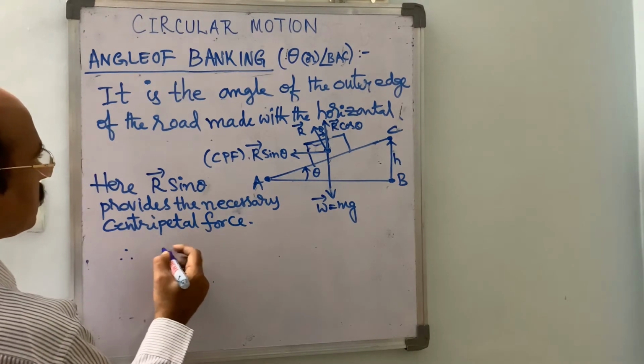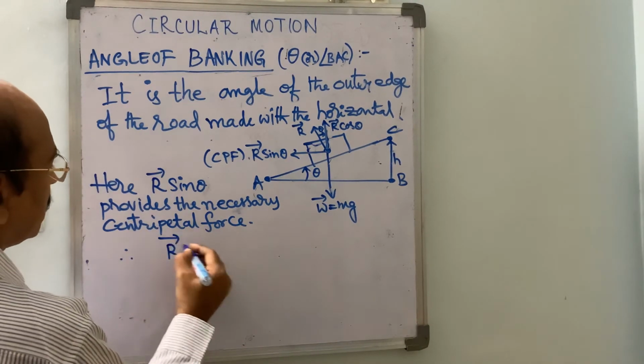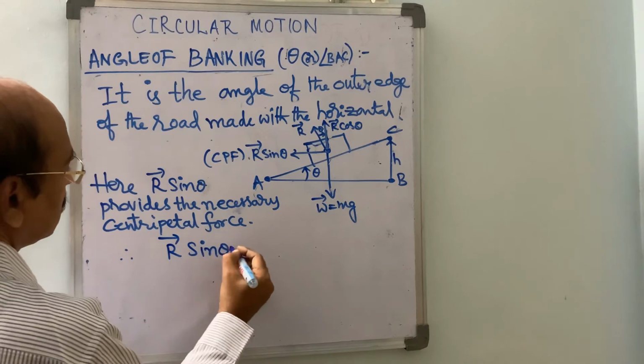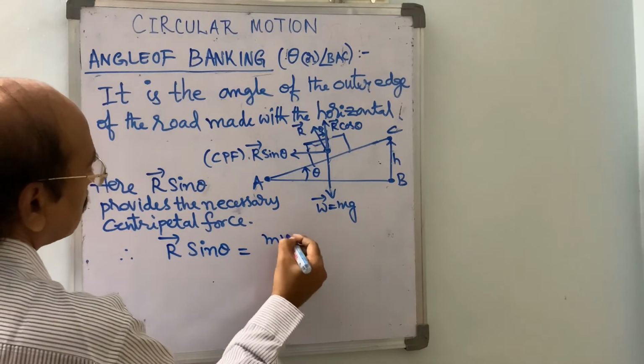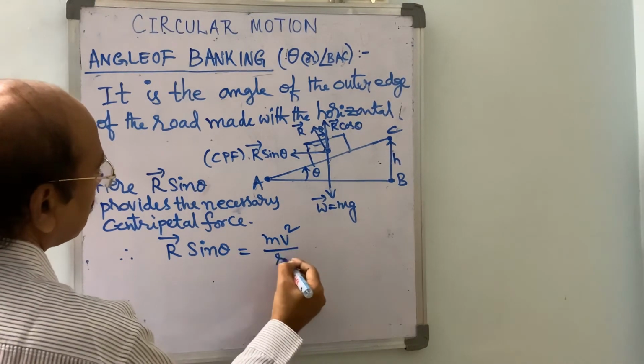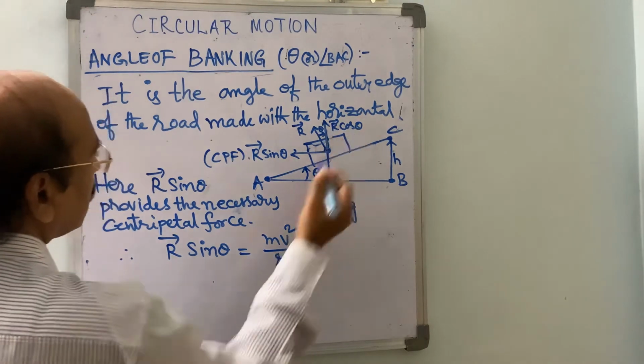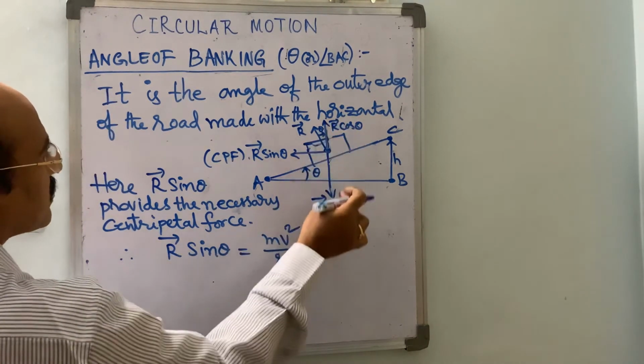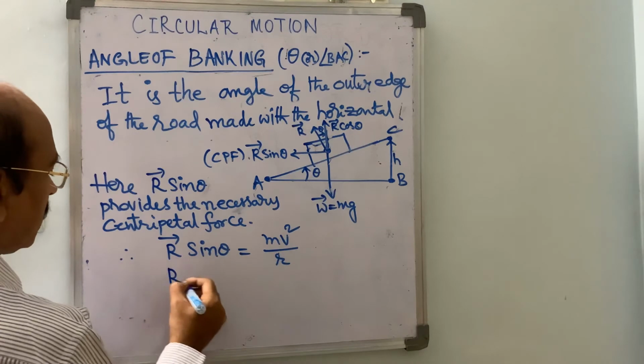Therefore, R bar sin theta is equal to mv square by r, and R cos theta is balanced by the weight of the body.